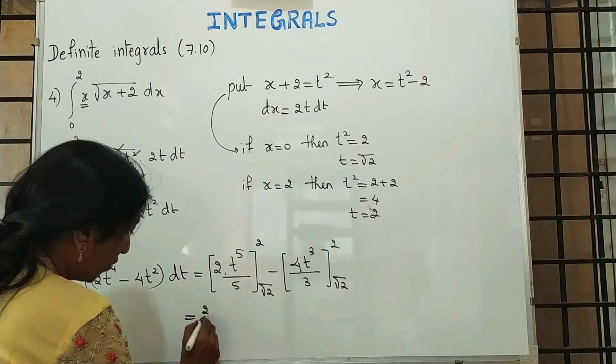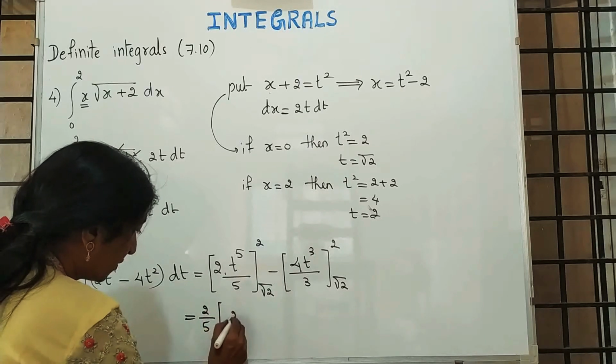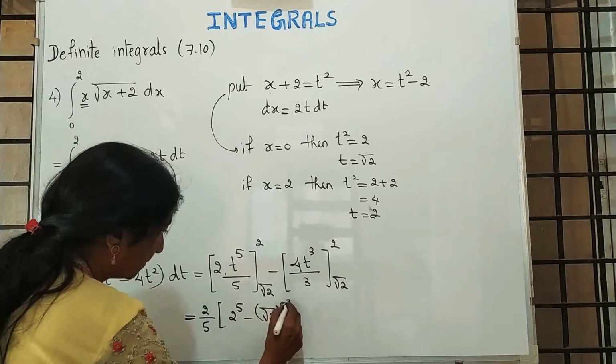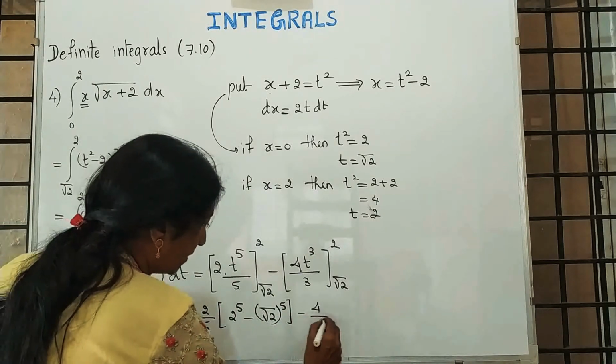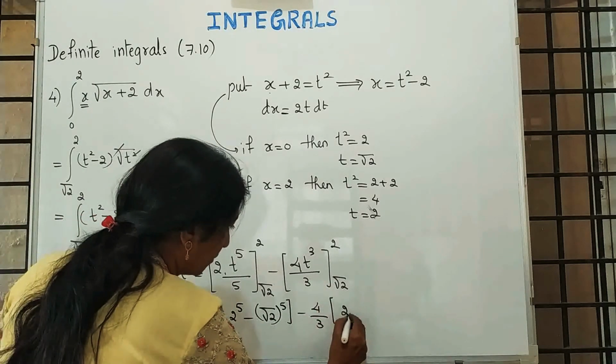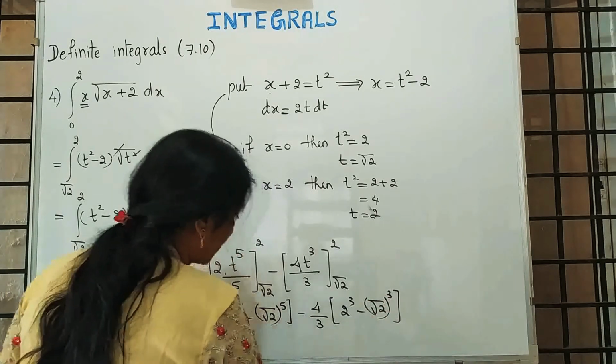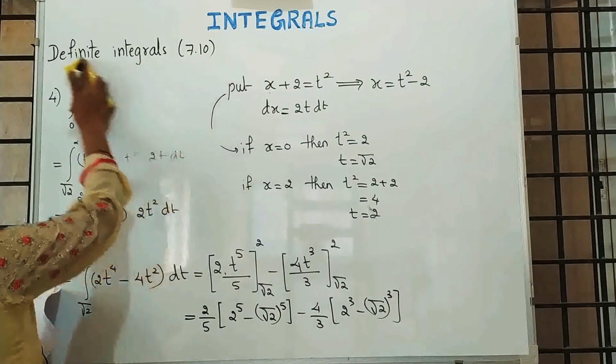2 by 5, constant I wrote outside, 2 raised to 5 minus root 2 raised to 5, minus 4 by 3, 2 cube minus root 2 whole cube. See, you know that 2 raised to 5 means what?